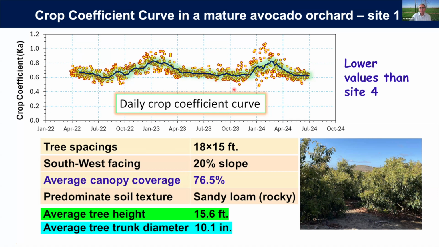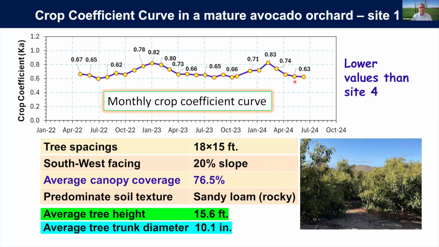So we see again the same trend in this site, and very interestingly, we observed the same trend in all 12 sites we've worked on, but the absolute values of the crop coefficient at different times are different. So you can see here in this site, the same trend, but the values are lower than, for example, here.